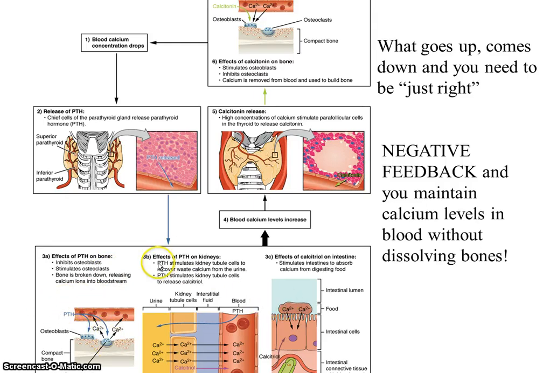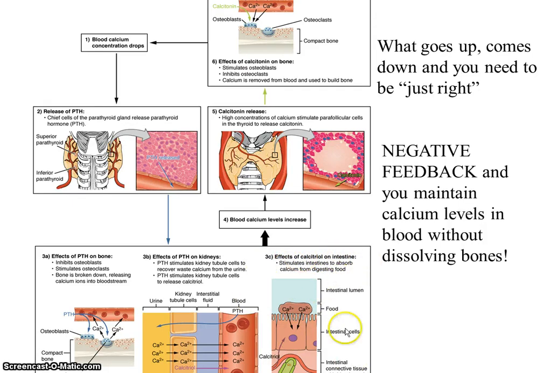We also see that we can have an influence on the kidneys. So it stimulates them to recover calcium from the urine, or increase our reabsorption, which is the term we use for that, of calcium. And then the tubule cells also release calcitriol, which will help us absorb calcium from our diet. Here are the effects of calcitriol on the intestine.